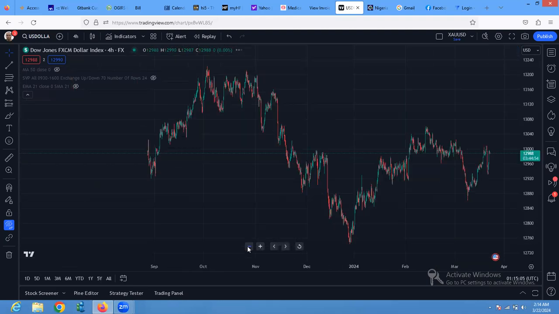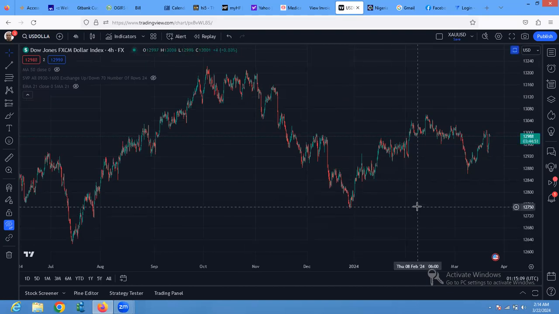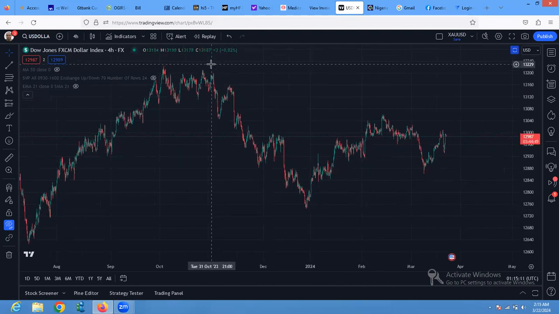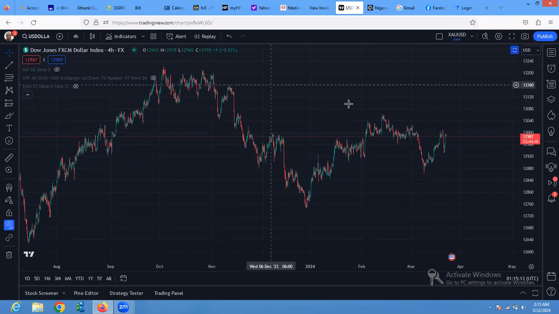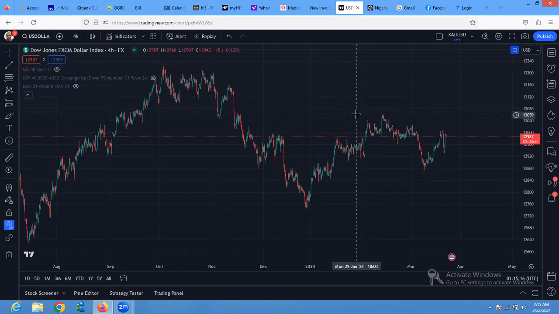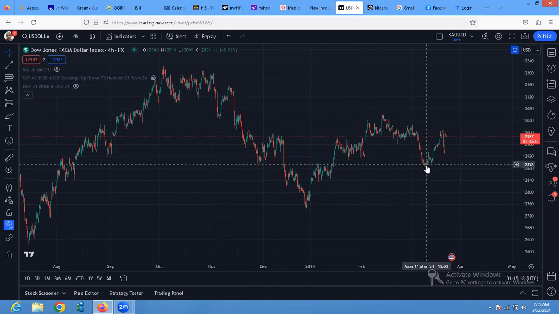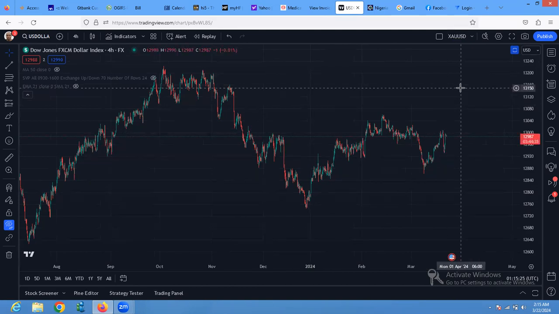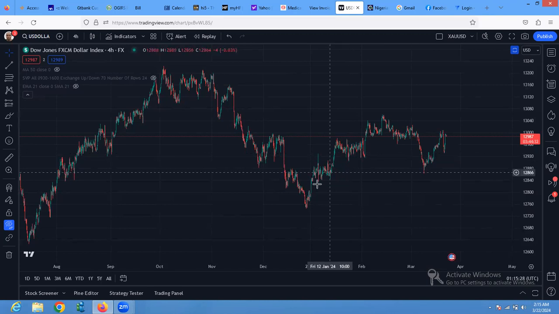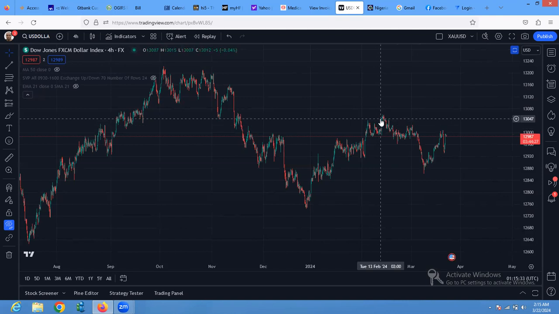Let me zoom in for you to understand what I'm trying to say. This is a top that we don't want to break ultimately, but we are destined to take this top now. So this is an A in this regard, of a movement A, B, and C to the upside. And we're going to look at that as an A, B, C of a movement, but it might not play well with that, because this is a move and this is a correction.